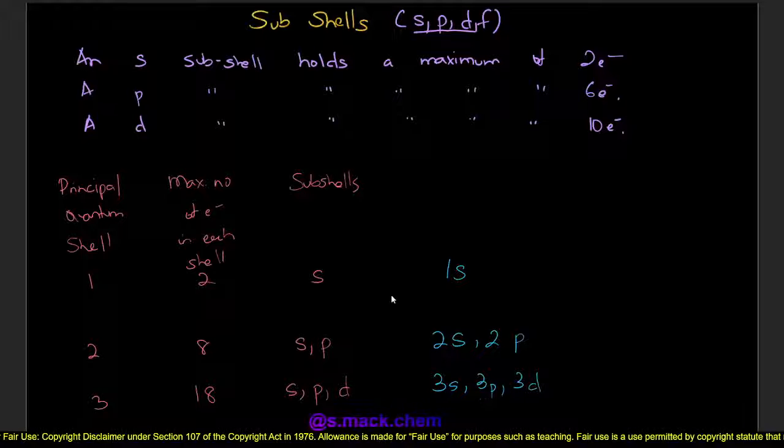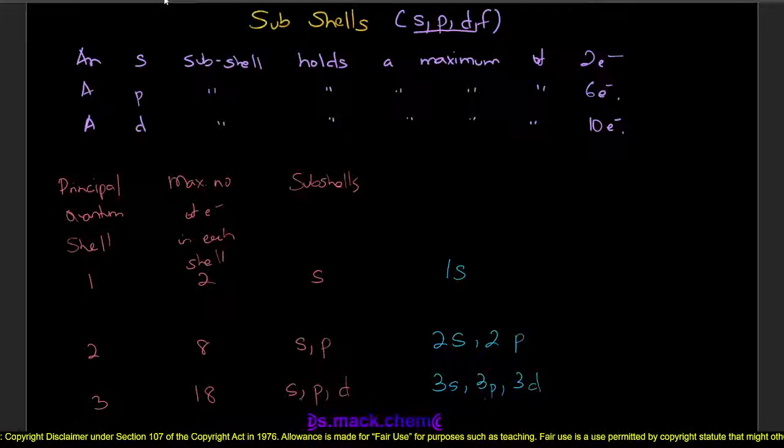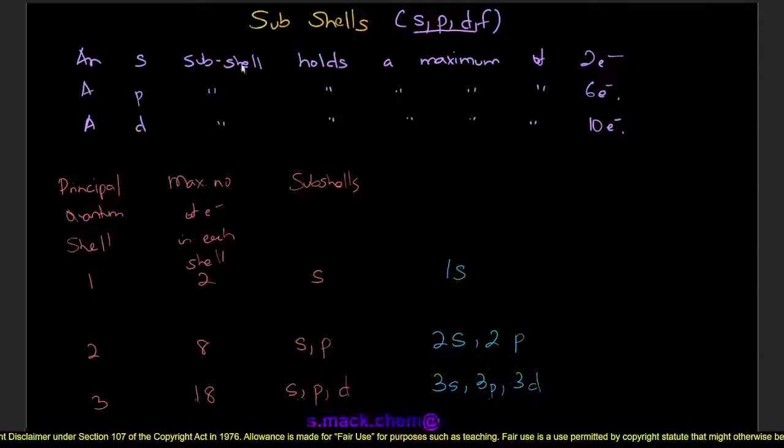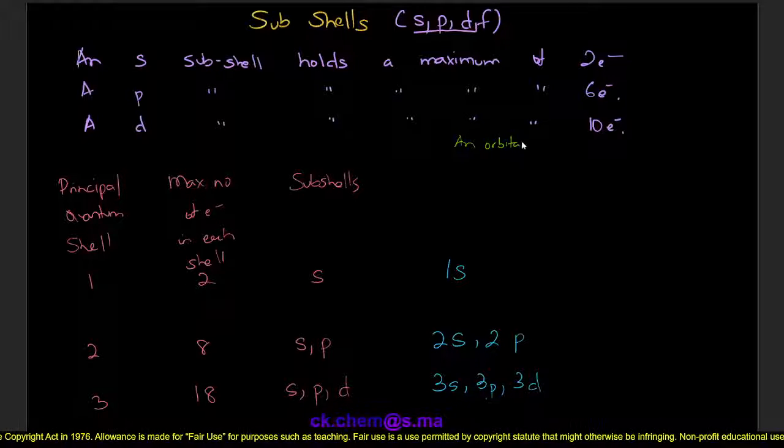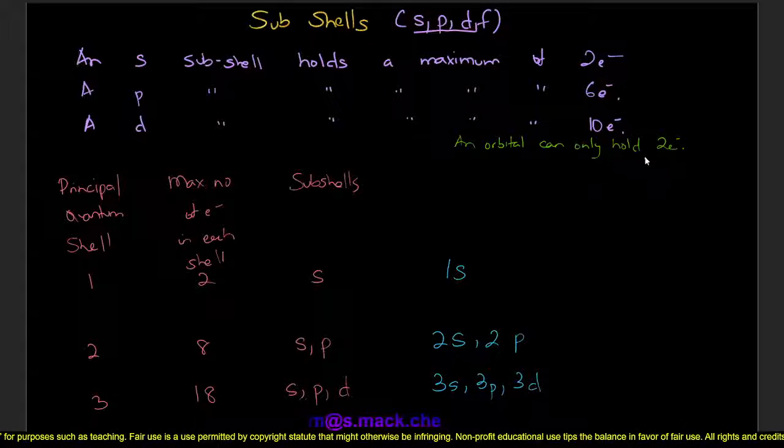So let's take it a little further. I'm going to introduce to you an idea which you're going to have to accept and understand, which is that an orbital can only hold 2 electrons, or that no more than 2 electrons can exist in an orbital.